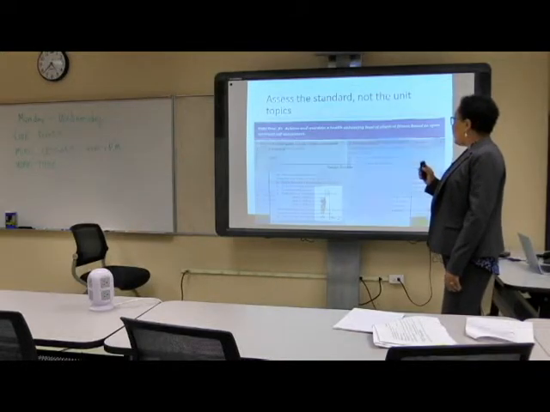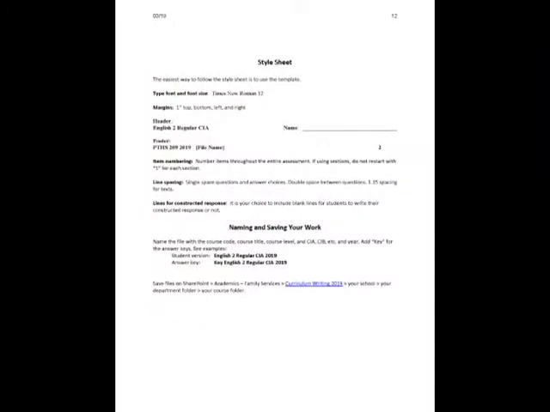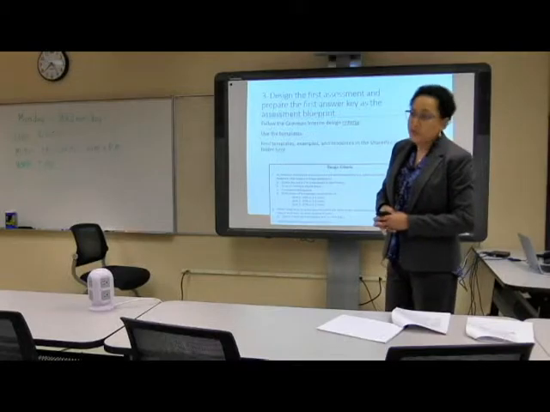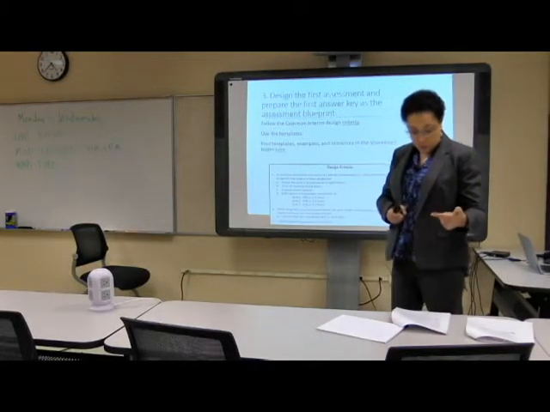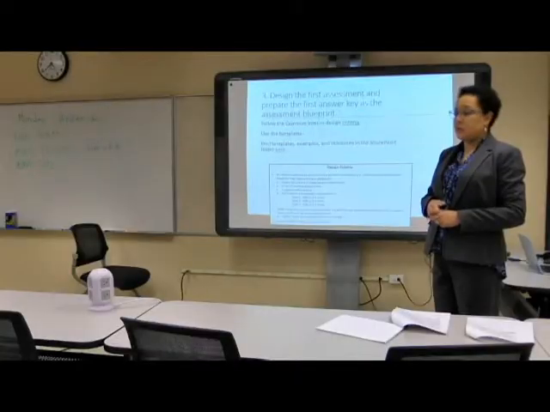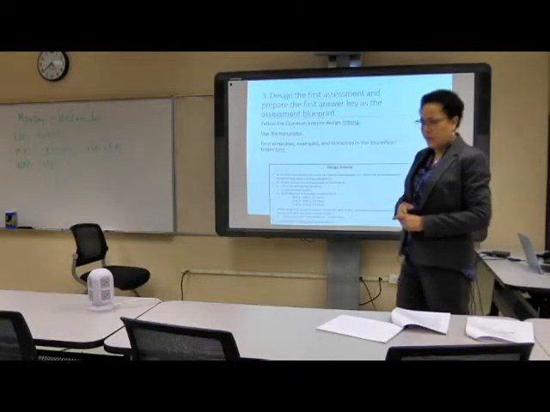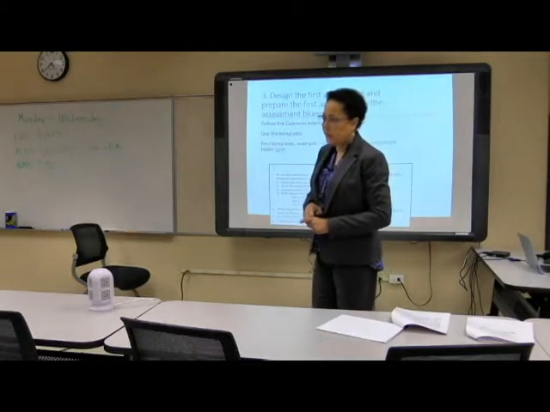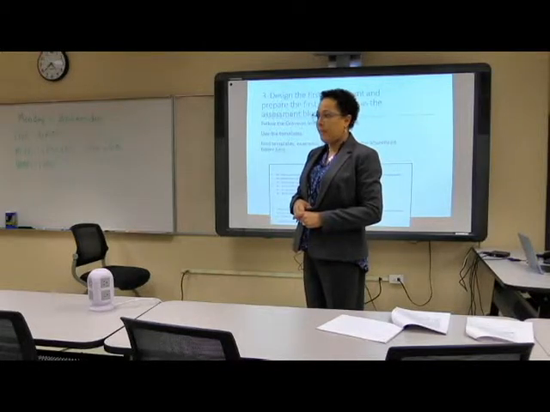Now, on the back side, there's a style sheet. Let me tell you a little bit about the style sheet. This is on page 12. The style sheet gives you some specifications in terms of the margins and the font that's used, and yes, there's a reason why Times New Roman size 12 is used. In previous years, we used either Helvetica or Arial, and for math and science teachers, that doesn't work very well because a 1 looks just like an L. That's no good.